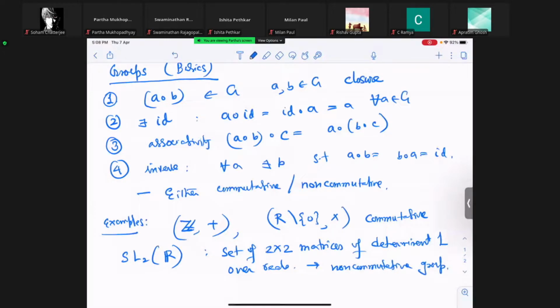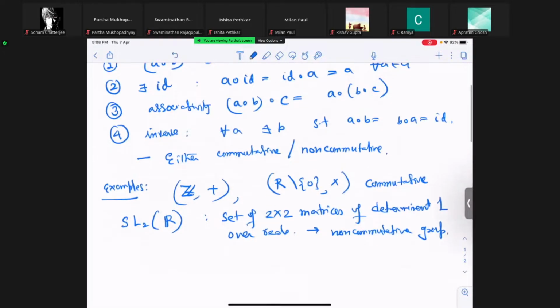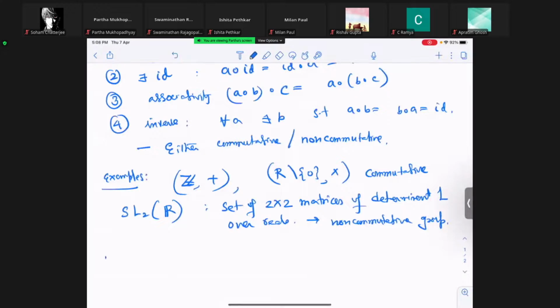So we have this notion of isomorphism. This is introduced already, the notion of isomorphism. Yes, sir. Okay, so let's quickly define.